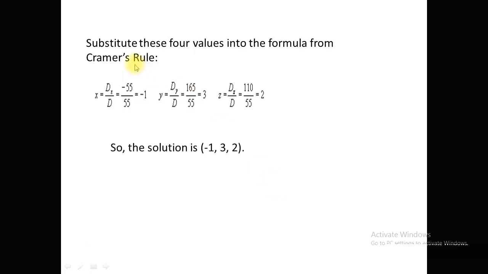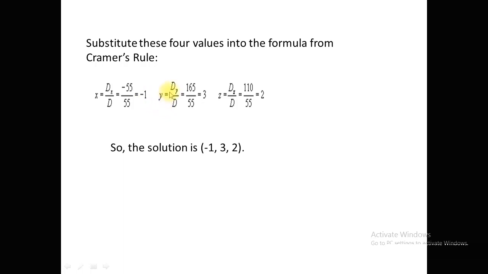Now substitute these four values into the formula from Cramer's rule. In Cramer's rule the formula for the variable x is Dx divided by D. The Dx value is minus 55 and the D value is 55, so we get the value of x is minus 1.